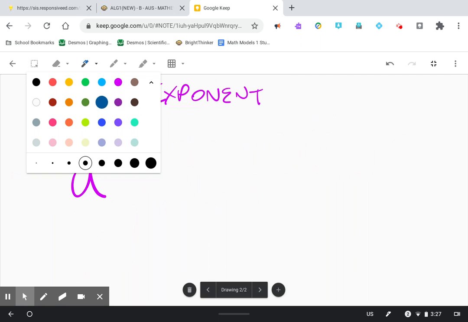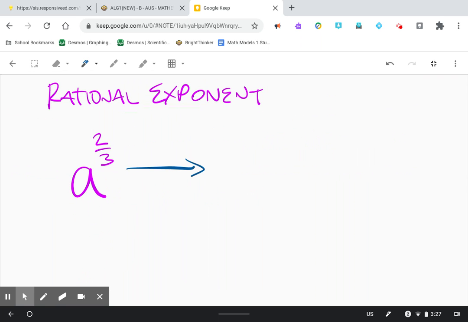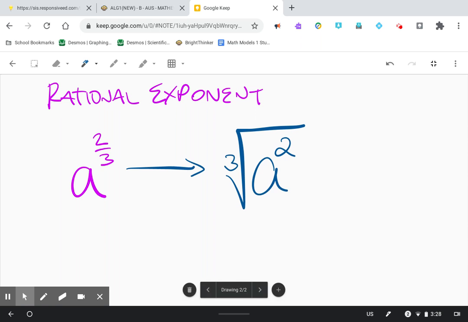And what a rational exponent actually means is that we are now dealing with roots. And roots are really just the opposite of exponents. So when we have this expression a to the 2/3, it actually means the following. It means a squared, but underneath what we call a third root or a cube root.